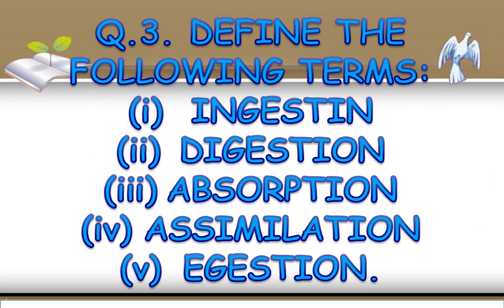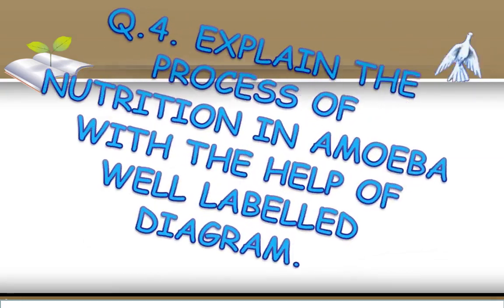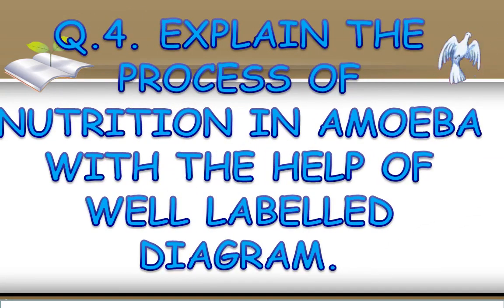Define the following terms. Part 1. Ingestion. Part 2. Digestion. Part 3. Absorption. Part 4. Assimilation. Part 5. Egestion. Question number 4. Explain the process of nutrition in amoeba with the help of a well-labeled diagram.